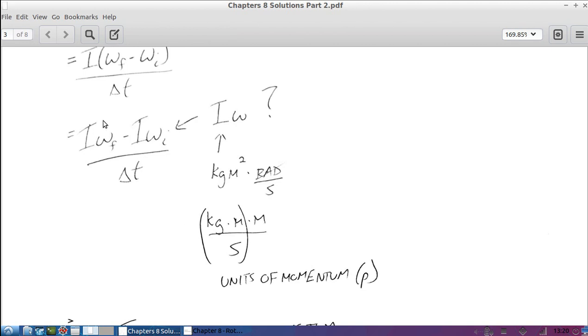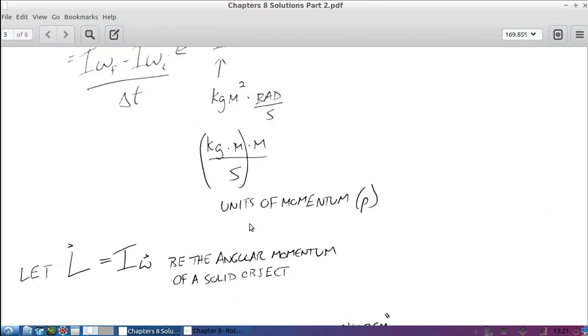So this I omega we define as angular momentum, and you'll notice that's usually how we translate from linear components to angular components, by using that r vector, or that distance, to convert from rotational to linear and back and forth.